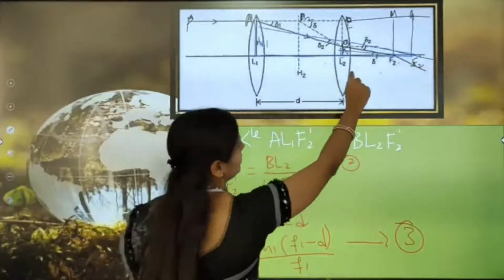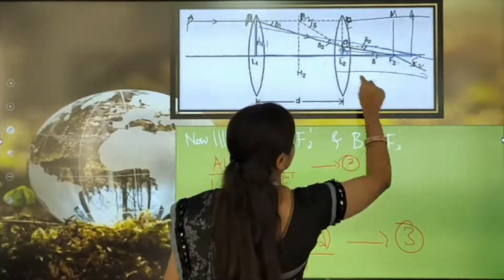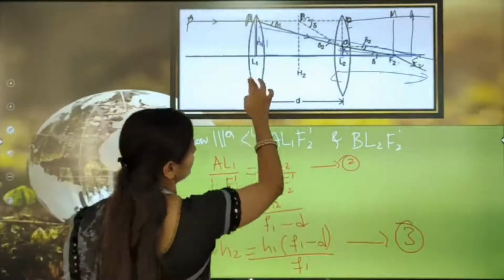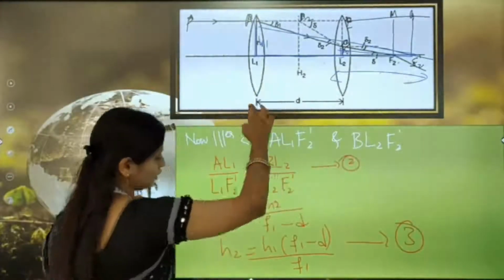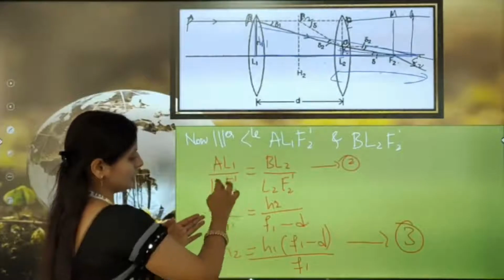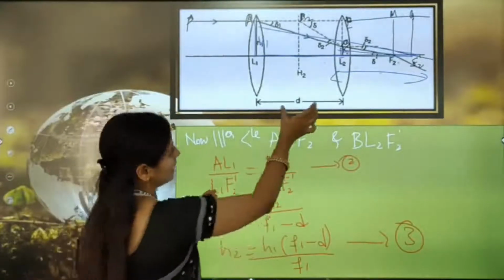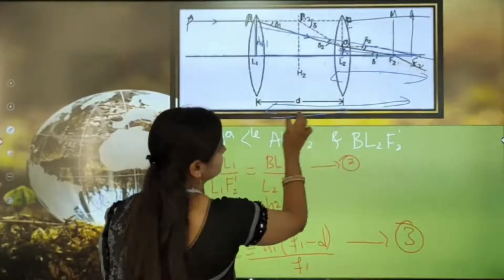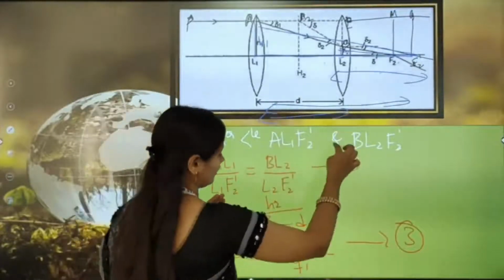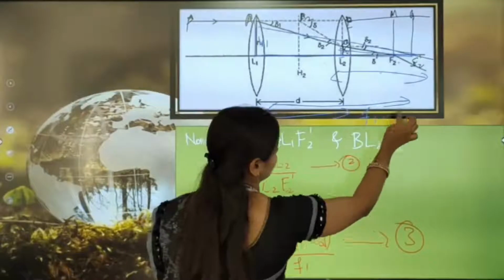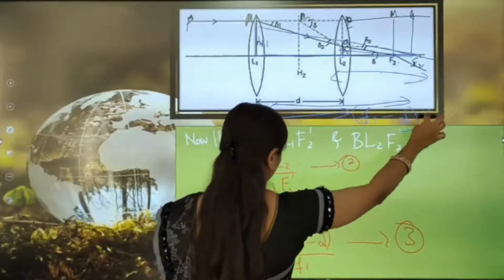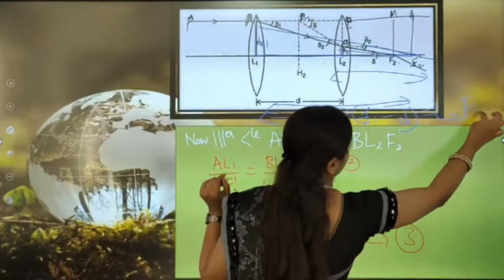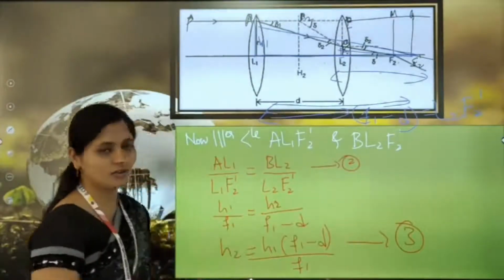So we are finding this term L2 F2 dash. We are getting f1 minus d, where f1 is this term, L1 F2 dash, and we subtract these terms. So we are getting that f1 minus d is equal to L2 F2 dash. Got it?